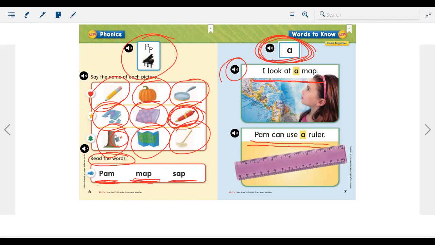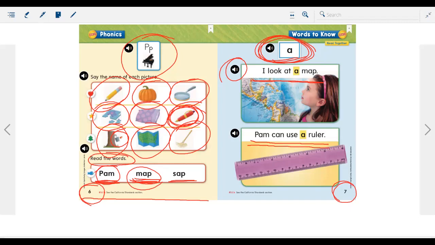I want you to practice reading page 6 and page 7. I want you to make the P sounds on page 6. I want you to hear them at the beginning of the word and also at the end of the words.